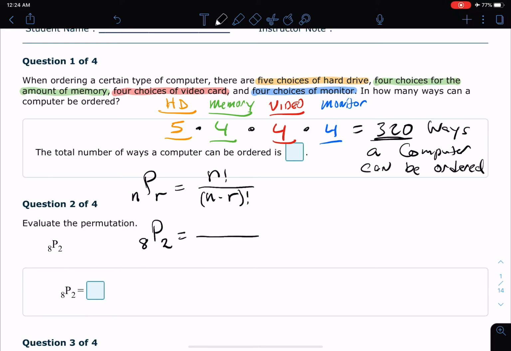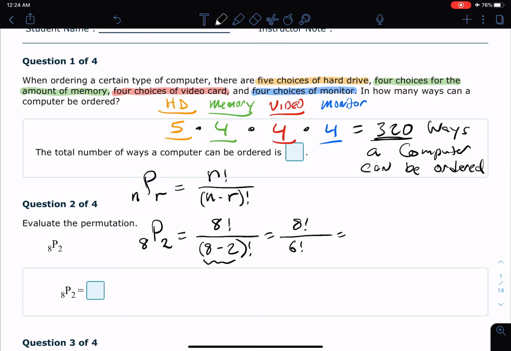So it's going to be 8 factorial all over 8 minus 2 factorial. To simplify this a little bit, 8 minus 2 gives us 6 factorial.